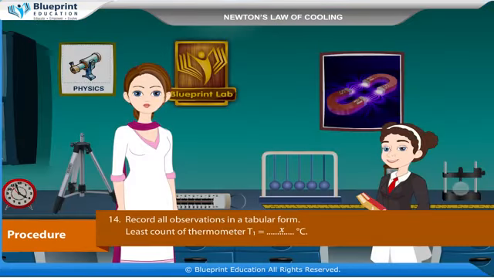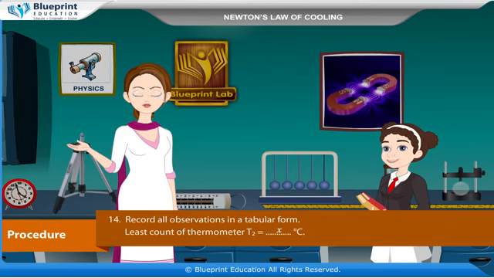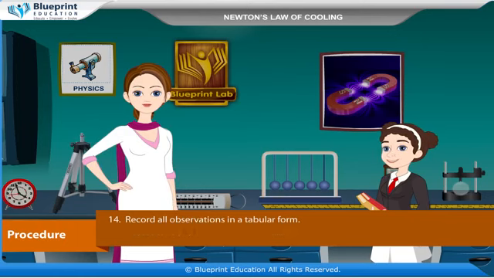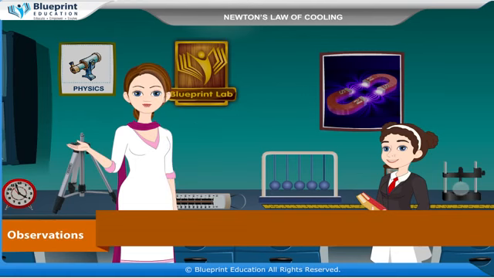Least count of thermometer T1 is equal to x degrees Celsius. Least count of thermometer T2 is equal to x degrees Celsius. Least count of stopwatch is equal to x seconds. Observations.